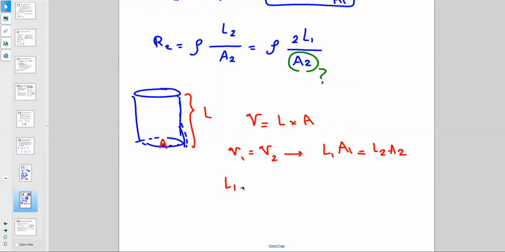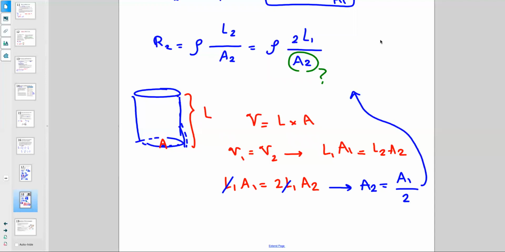But we know L2 is 2 L1, right? So L1 A1 equals 2 L1 A2. This L1 and this L1 will cancel out, and we are left with A2 being A1 over 2. So I can use that right there.